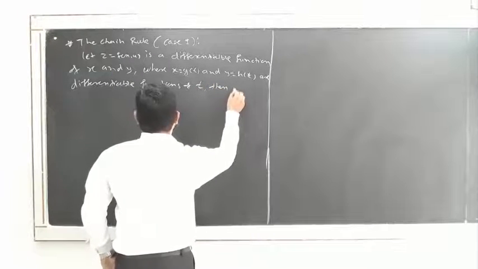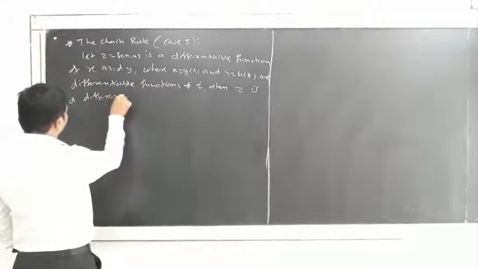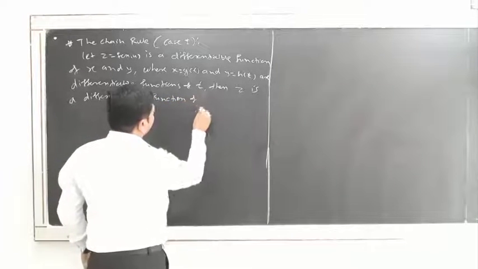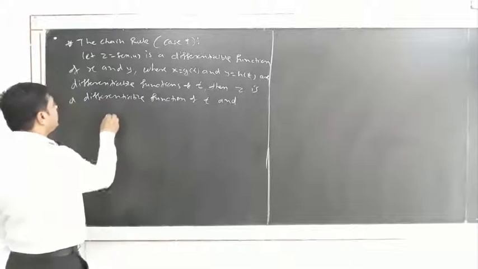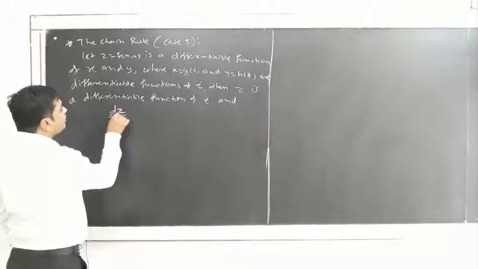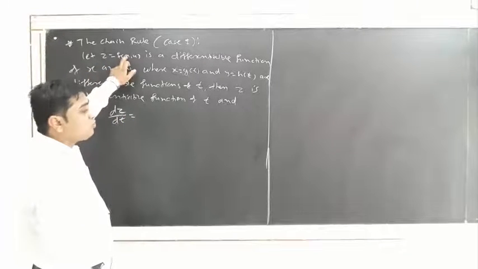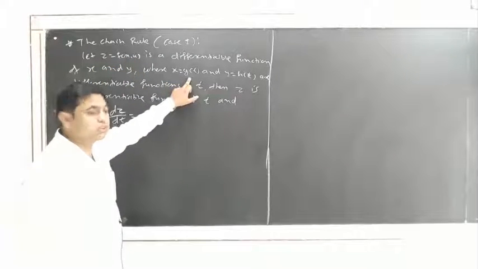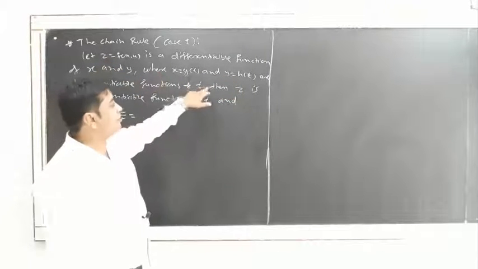Then z is a differentiable function of t, and we can write here dz by dt. Now this z is a function of two variables, and x and y are functions of one variable. Therefore z is a composite function of this one variable.